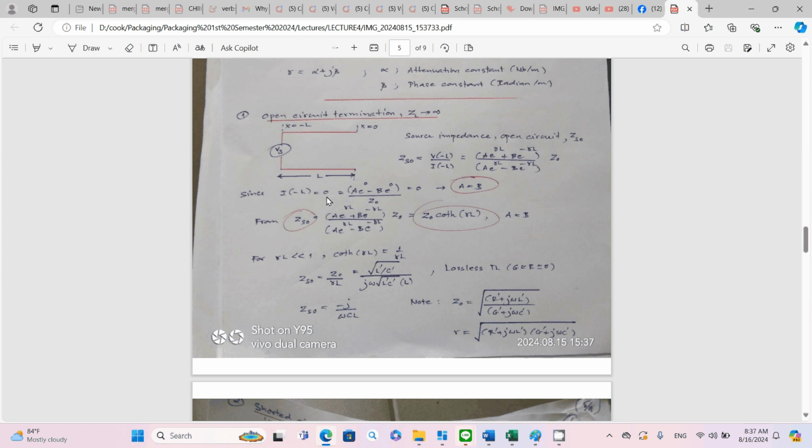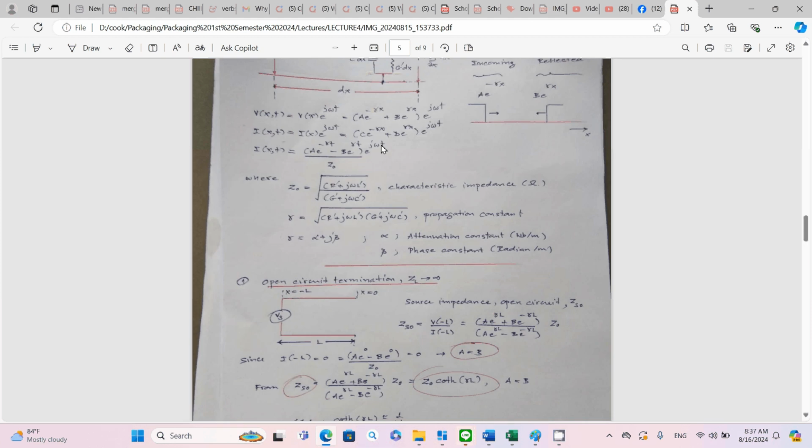Since your I equals the forward current plus the backward current, you end up with A equal to B. This is just about the math, because you know that your current is A exponential negative gamma x minus B exponential gamma x divided by Z0.